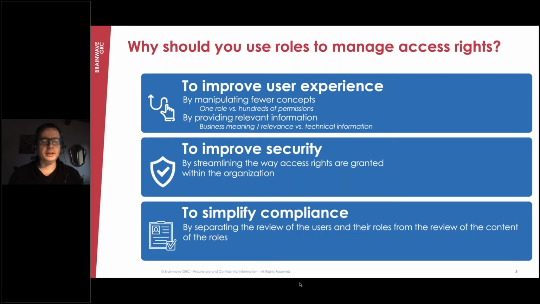And finally, it's also a way to simplify compliance, especially by leveraging a very interesting consideration: you can separate the review of the role assignments to users from the review of the role content itself. The authorizations and permissions are on one side, and the group of users on the other side, and this really reduces the overall complexity of the review.